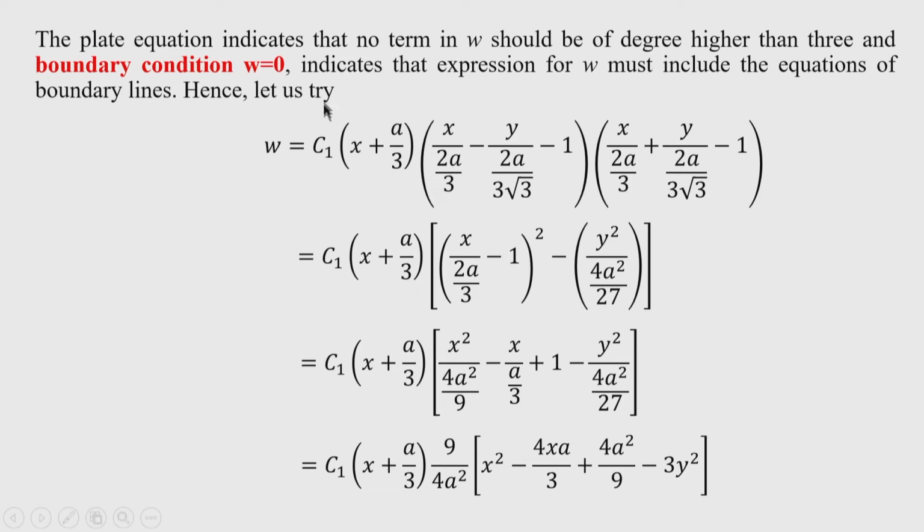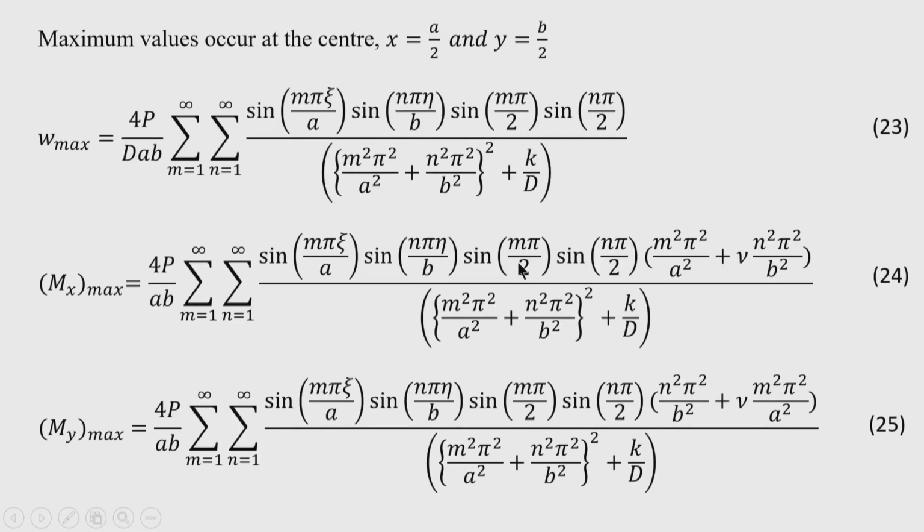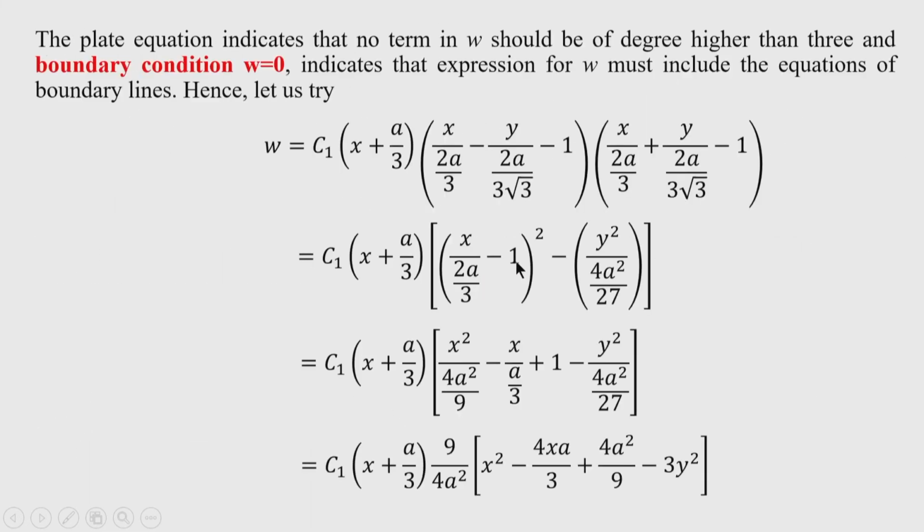So, hence let us try the equation of the line as C1. This is the equation of the line AB. First we have written the equation of the line AB, then the equation of the line BC, and the equation of the line AC. So, the equations of the three sides of the triangle are written here, and multiplied with an unknown constant C.